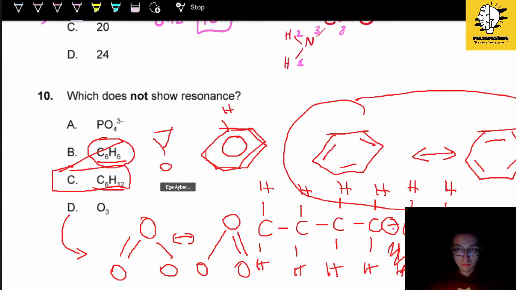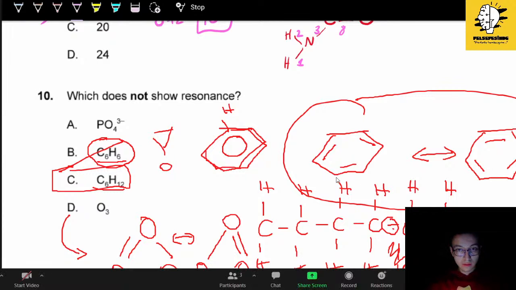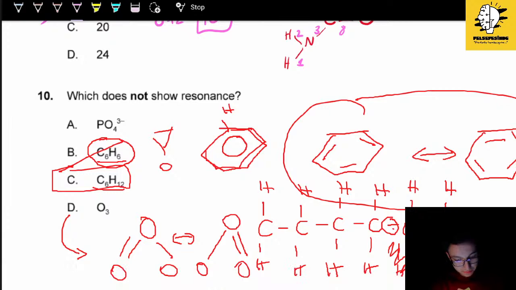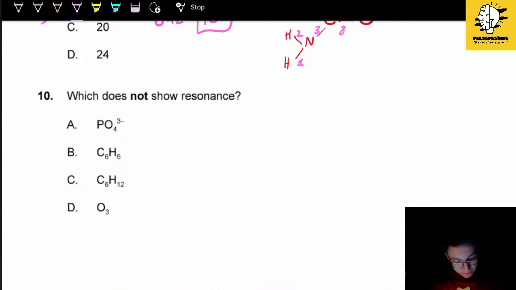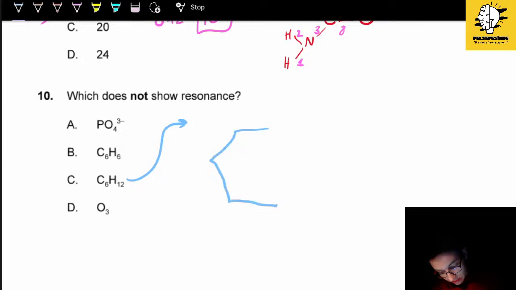Okay, I think that's all. And do you want me to remind you about one more important thing? Yeah, let's do it. About this C6H12, it has an isomer. This is for the organic chemistry part, and it has a structure just like this.